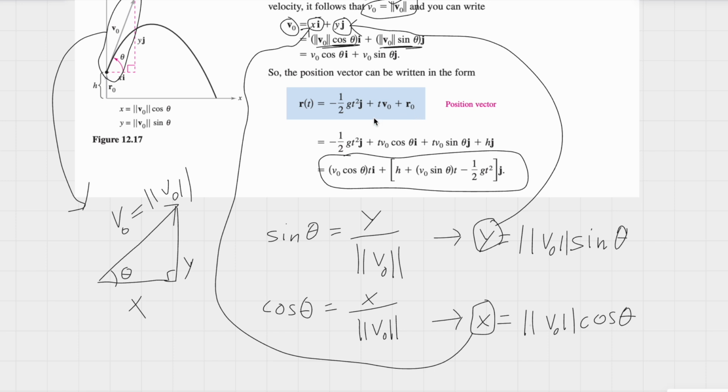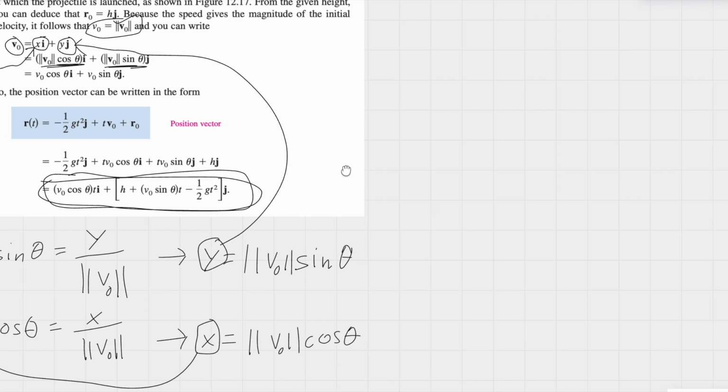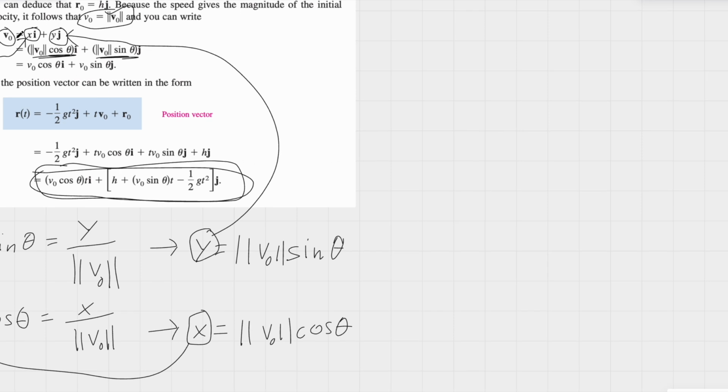If we remember, this was the position vector. So the question is, how do we end up with this final equation again? Well, it's actually pretty simple. Here we have v naught already, right?